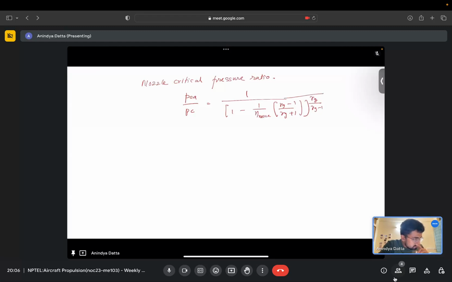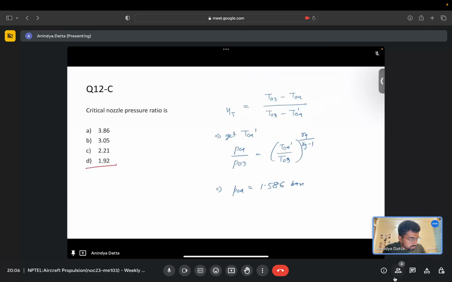This is just a function of gamma and eta nozzle. This will come out as 1.92, so the critical pressure ratio is 1.92.